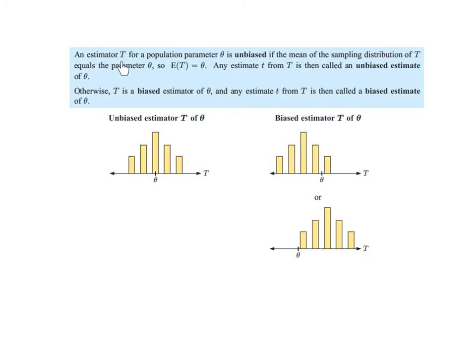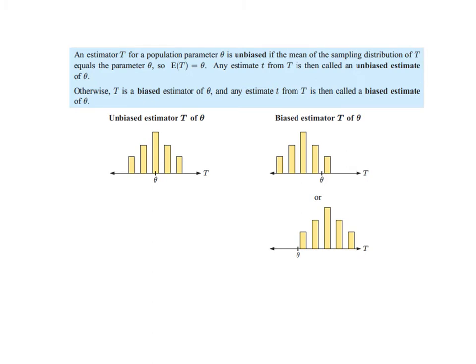An estimator T for a population parameter theta is unbiased if the mean of the sampling distribution of T equals the parameter theta, meaning that this is the sampling distribution of T, and its mean is the same as the mean of the population. It's exactly what we showed on the previous page with T1 and T3.